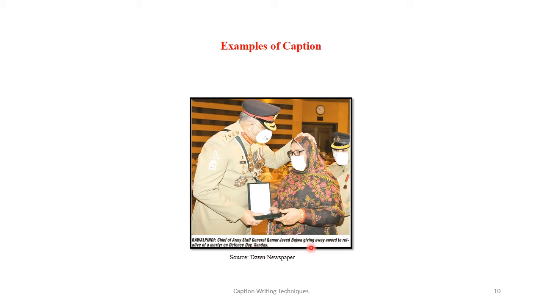The subject is giving away an award. When did the activity take place? It took place on Sunday, on Defense Day. Why is the activity taking place? Just because of Defense Day. So this caption is again answering all the questions we just studied in the previous slide.